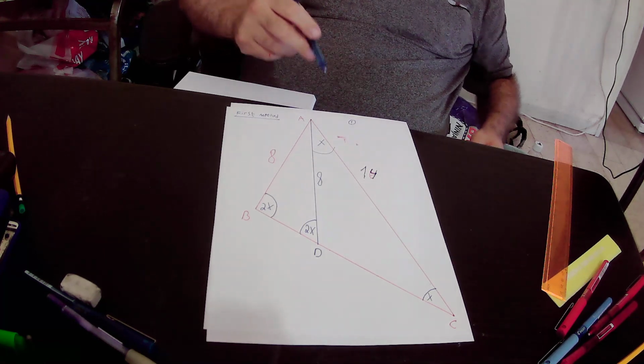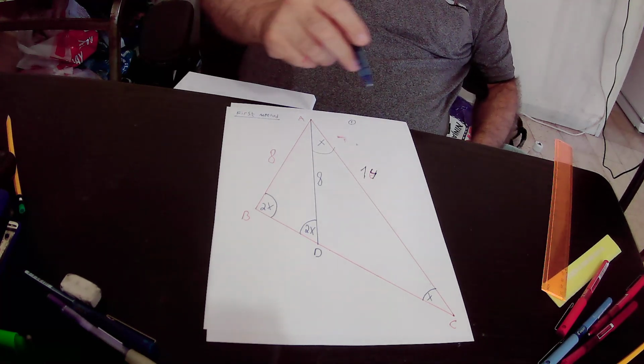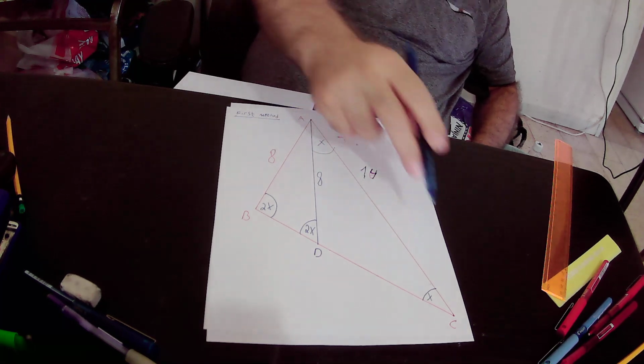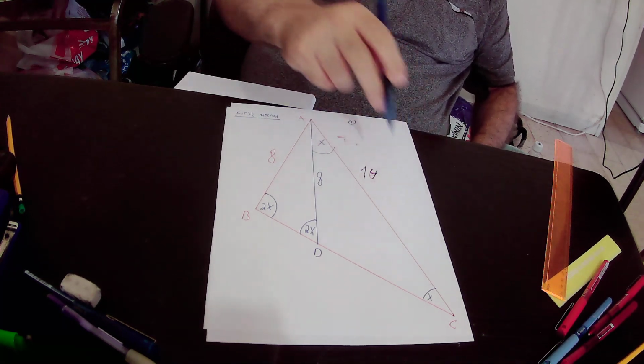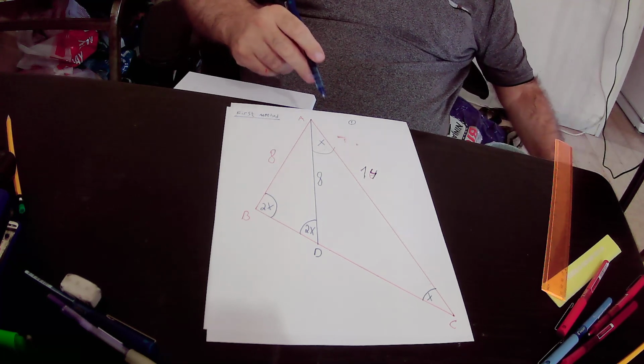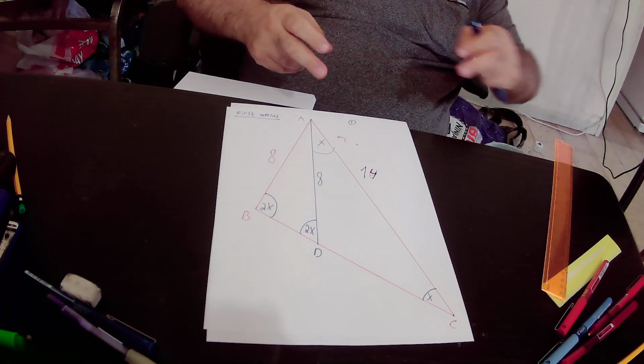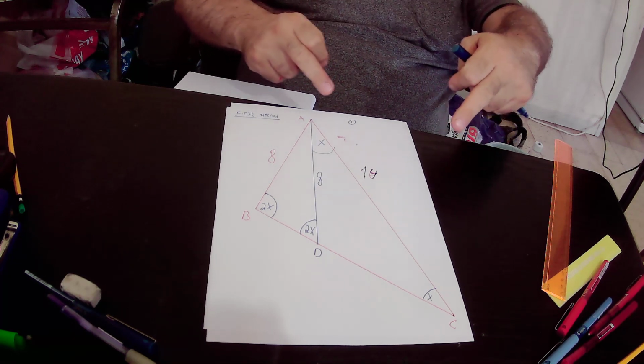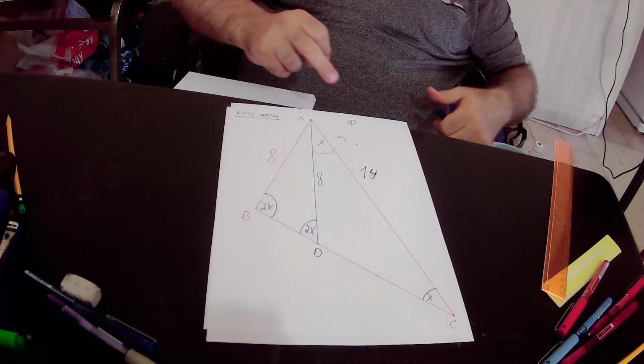So in triangle ADC we have two equal angles, and according to rule number 1, in front of equal angles we have equal sides.